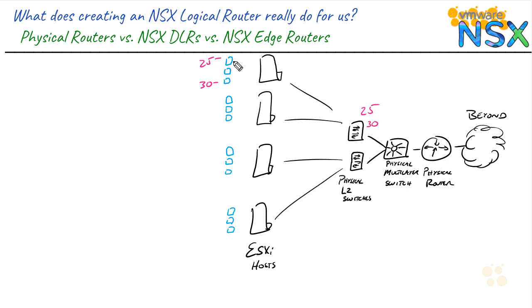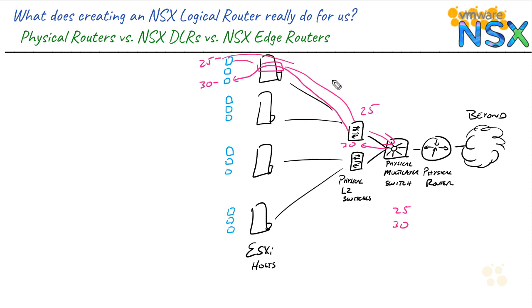And so the virtual machine would forward through the virtual switch onto the physical switch, onto the multi-layer switch, which is aware of VLANs 25 and 30 and has an interface in both of them. And so it would receive a message in VLAN 25, but then it would send a message in VLAN 30, forwarding the frame into the correct destination network, working its way all the way back to the virtual machine that is the intended destination.